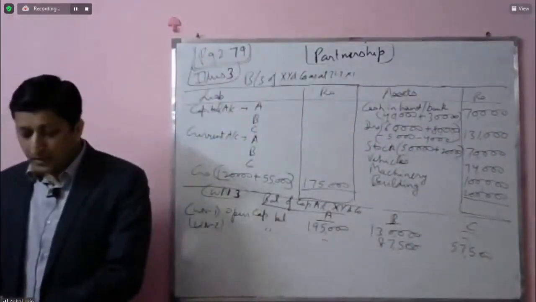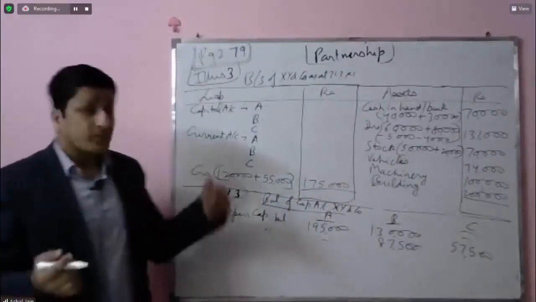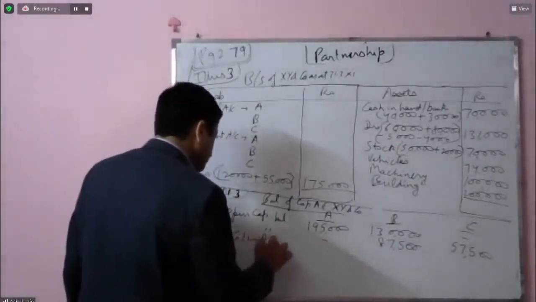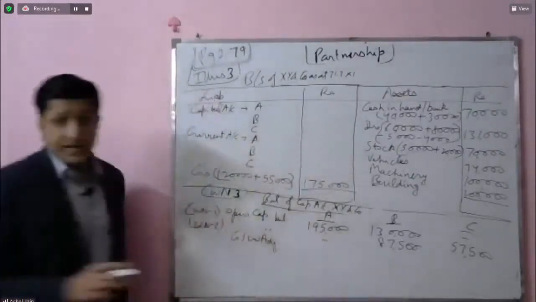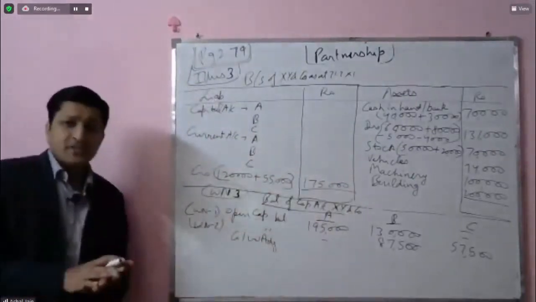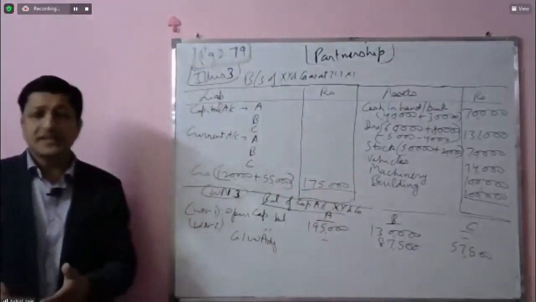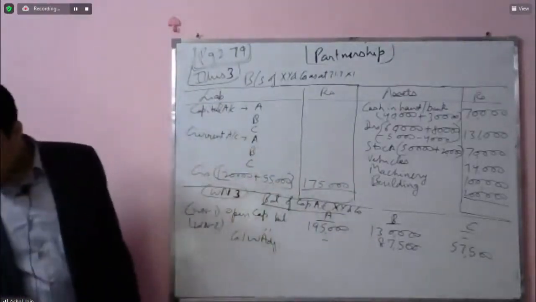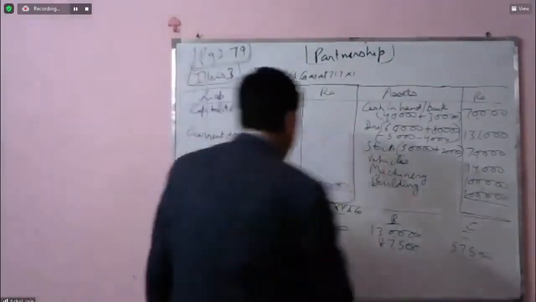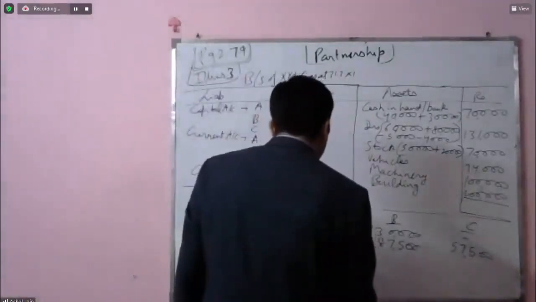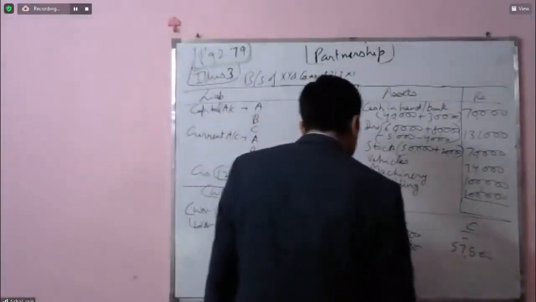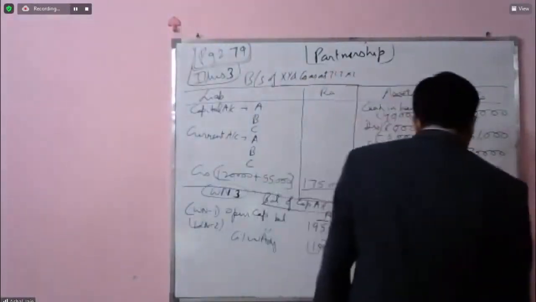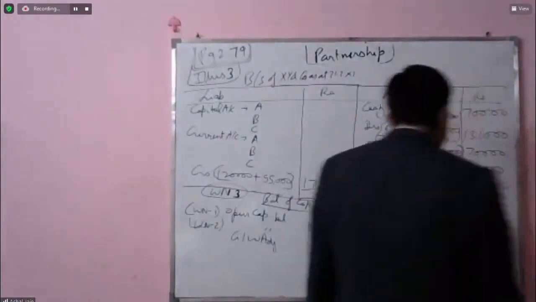Then the adjustment will come for goodwill. This comes from the adjustment working. Goodwill adjustment will be given on a net basis. Gross is shown in that adjustment, so over here we are just giving the net adjustment: 1,000, 2,500 and 3,500. So 1,000 will get reduced from this, 2,500 will get reduced from this, 3,500 will get added over here.